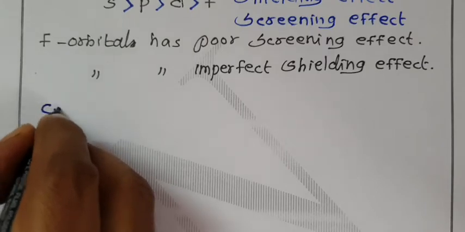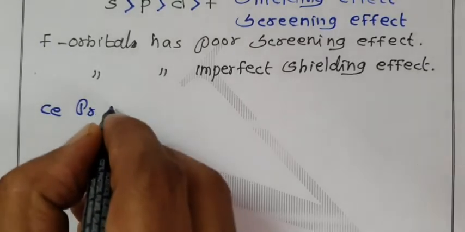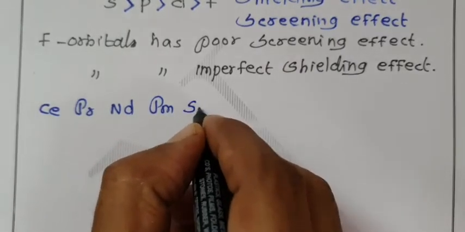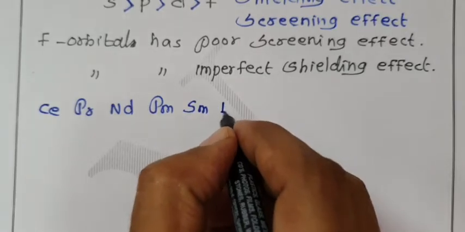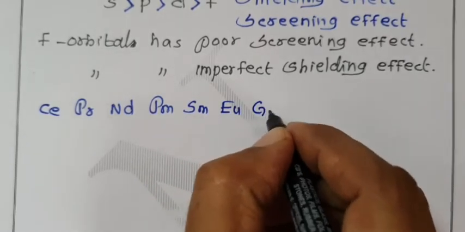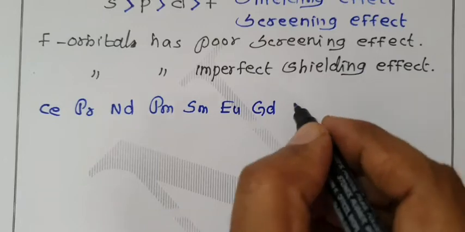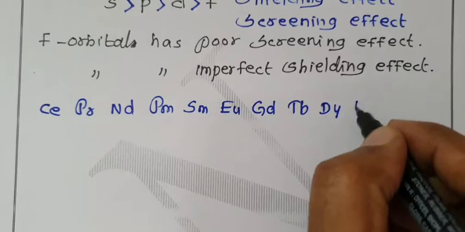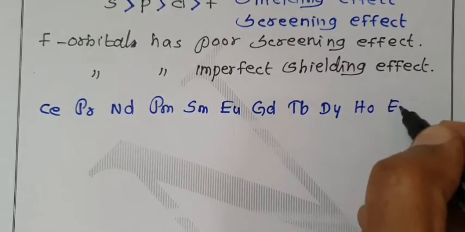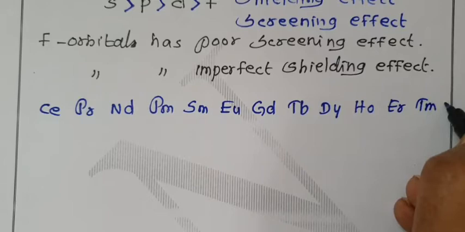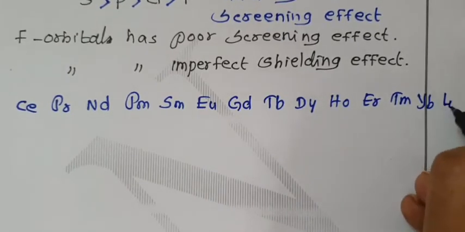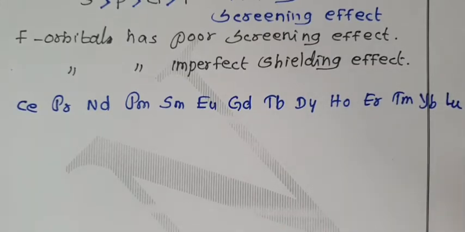Cerium, praseodymium, neodymium, promethium, samarium, europium, gadolinium, terbium, dysprosium, holmium, erbium, thulium, ytterbium and finally lutetium. We know the atomic numbers of these elements.